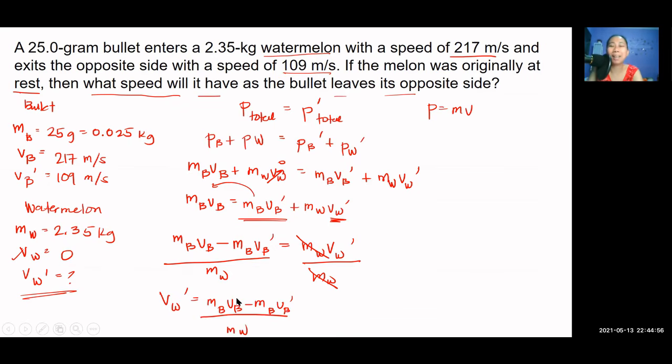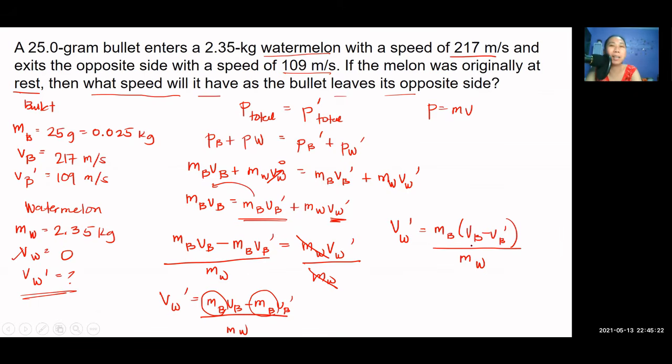Now, kung gusto ninyo pang i-simplify ito using algebra, pwede pa rin kasi pwede ninyong i-factor out yung mb. So, vw prime is equal to mb, factor out lang natin ito kasi parehas kang may mb dito sa dalawang term mo. So, ito magiging vb minus vb prime over mw.